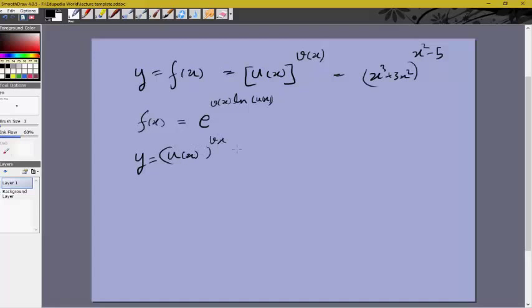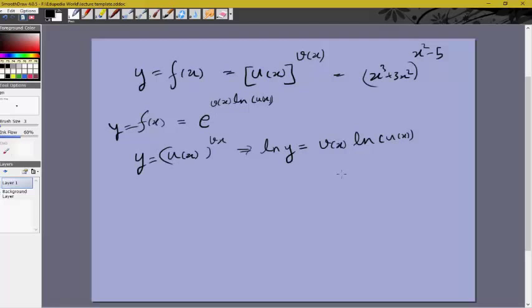We can take the logarithm directly here, which gives us ln y is equal to ln of u of x to the power v of x, or v of x ln u of x. You can see that this equation and this equation are exactly the same, right? If this is true, then y is e to the power of this.